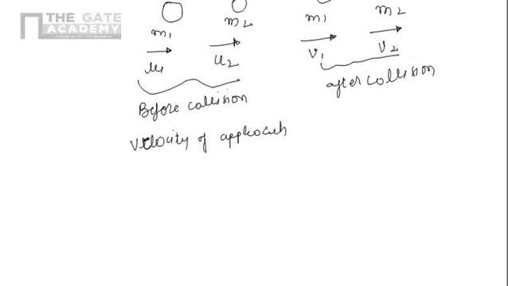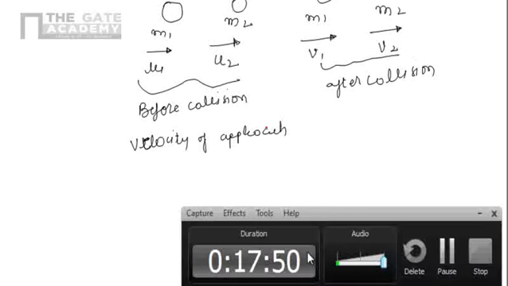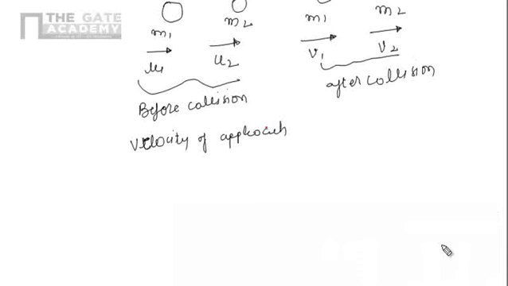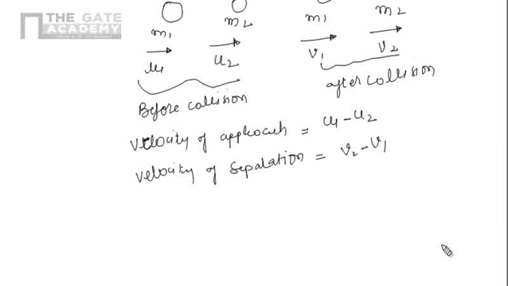Now we have to define the velocity of approach. Velocity of approach will be u1 minus u2, and velocity of separation will be v2 minus v1. So we can easily define the coefficient of restitution.